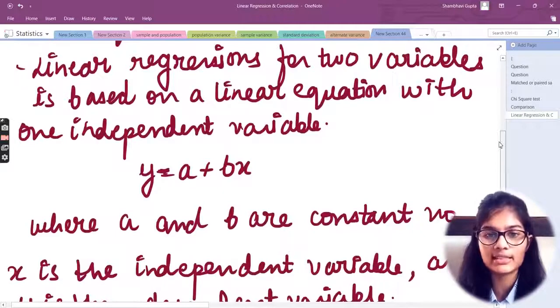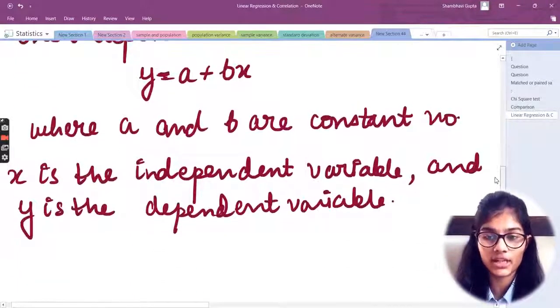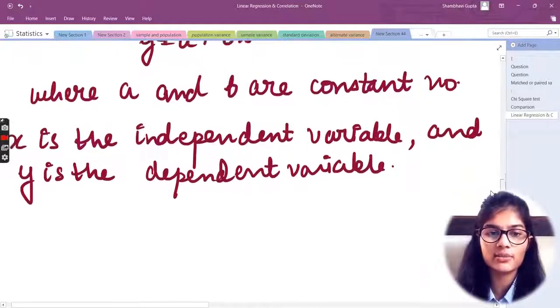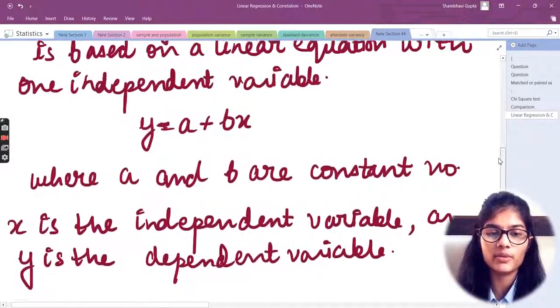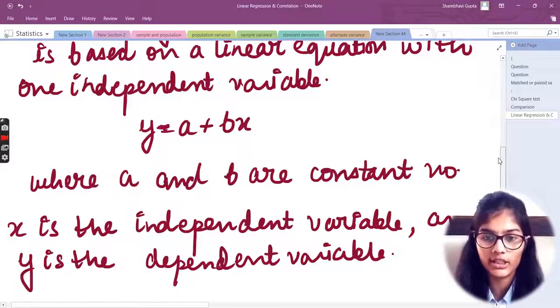Y is equal to a plus bx, where a and b are constant numbers. What about x? So x is the independent variable and y is the dependent variable. It completely depends on what variable you set as dependent and what variable you set as independent. That depends on you, right? So you choose a value to substitute for the independent variable and then solve out the dependent variable.